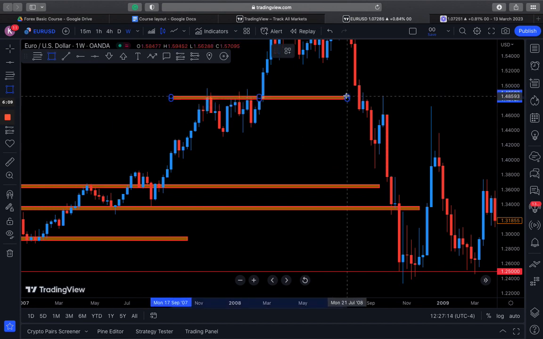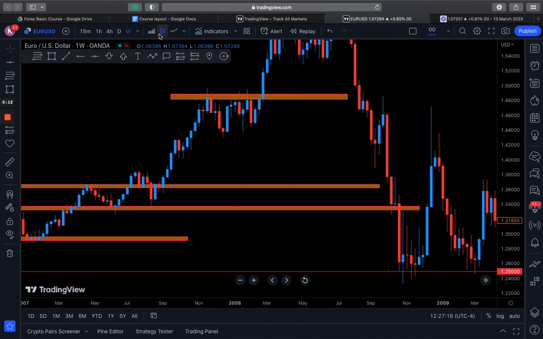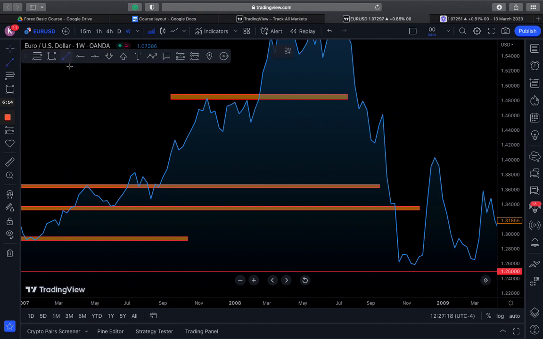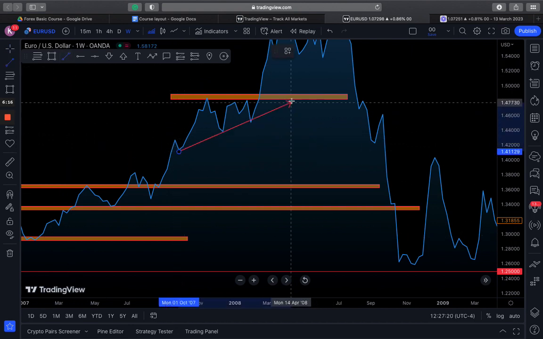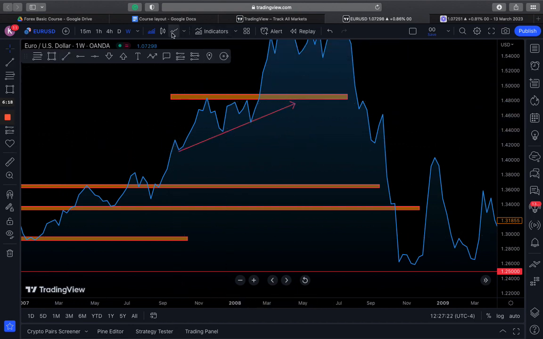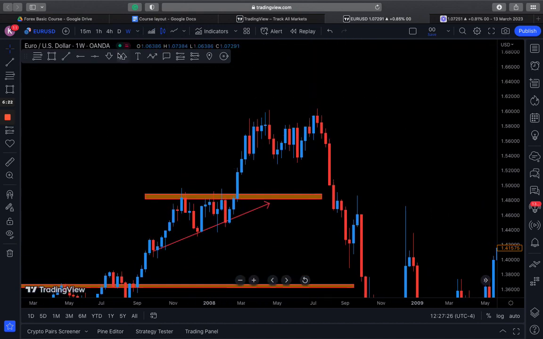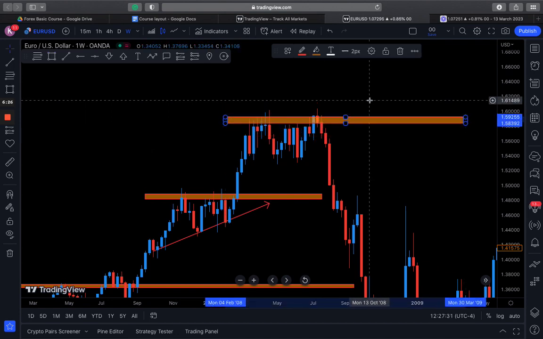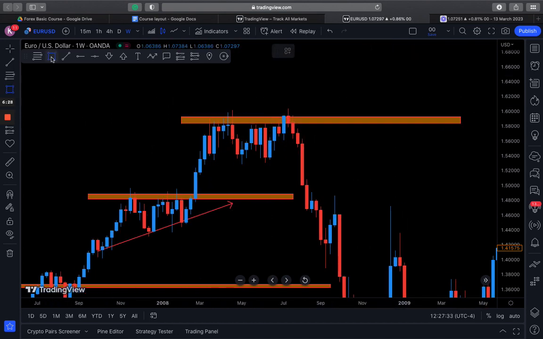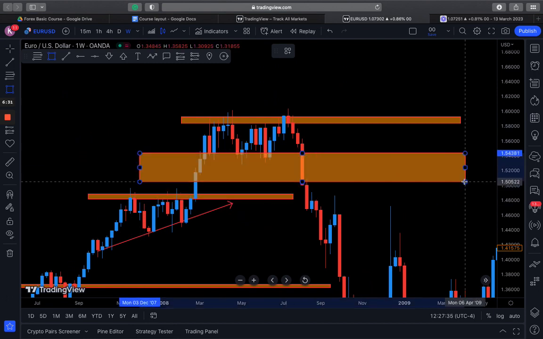Here we have another resistance area, line chart, kind of had a diagonal support. Another resistance area here. Another support area here.